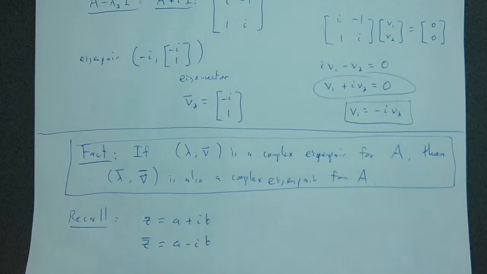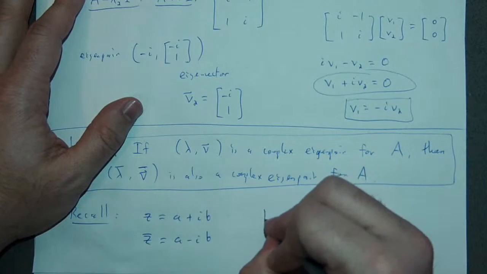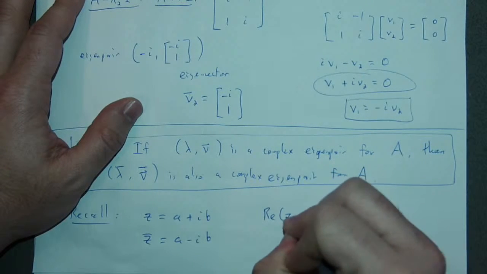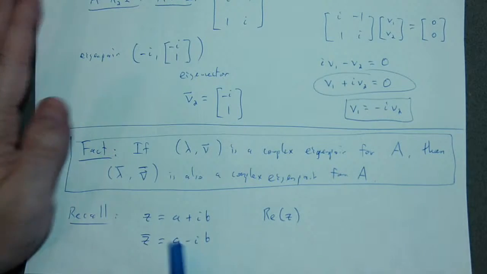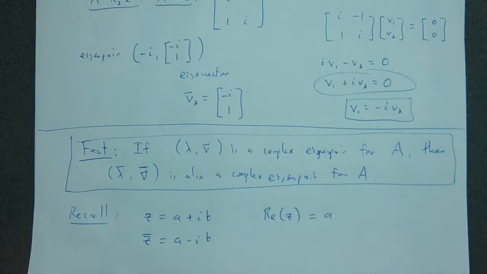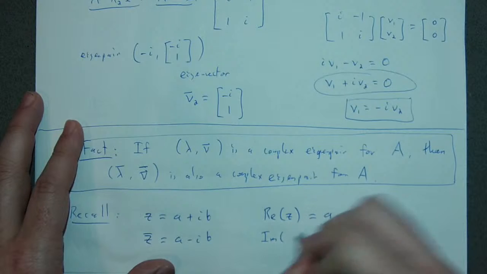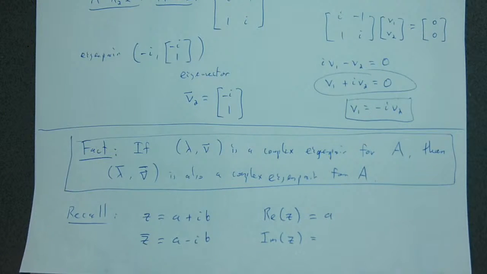Another thing we might as well take our time to remember is the real part of a complex number z. If z is a + ib, the real part is a. What is the imaginary part? The imaginary part is b.